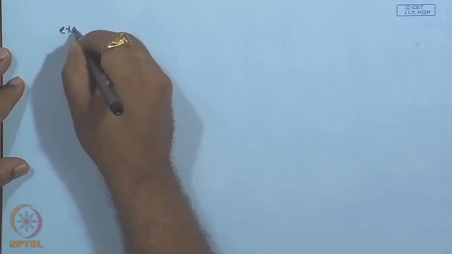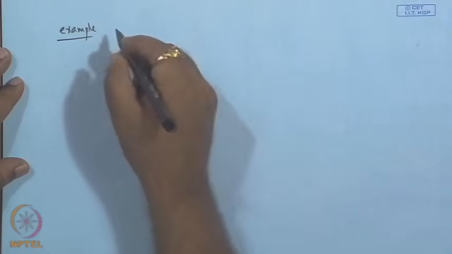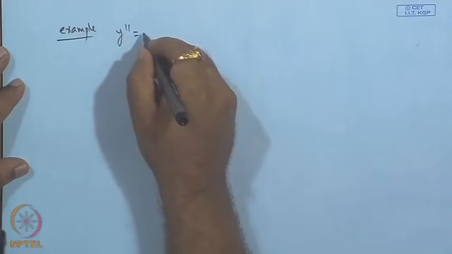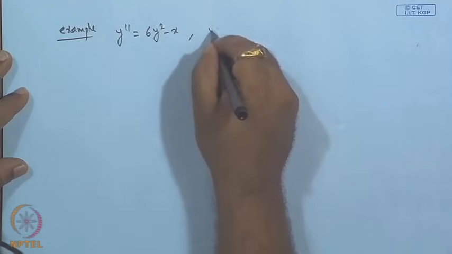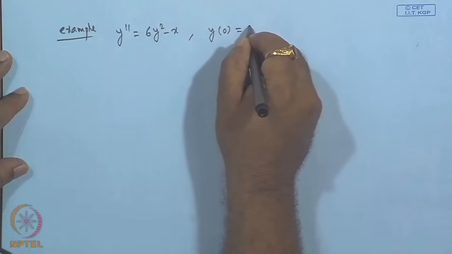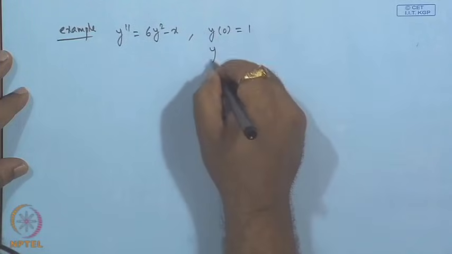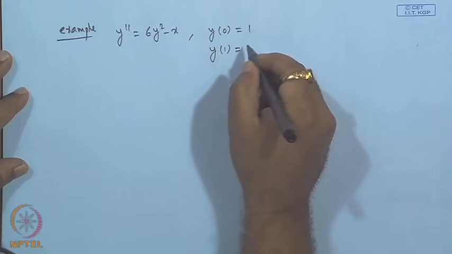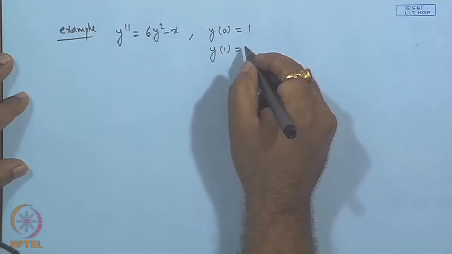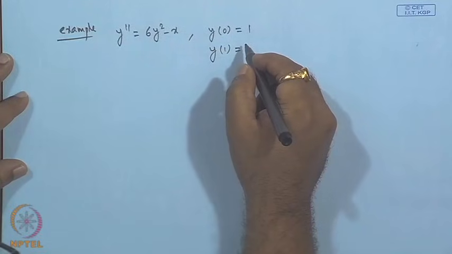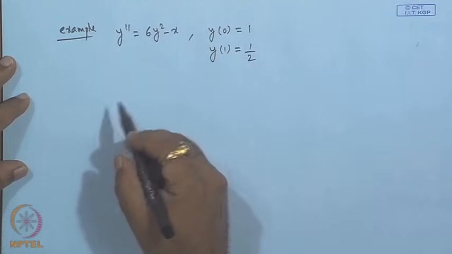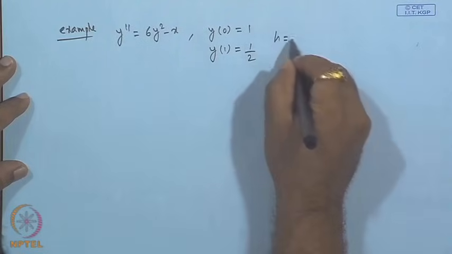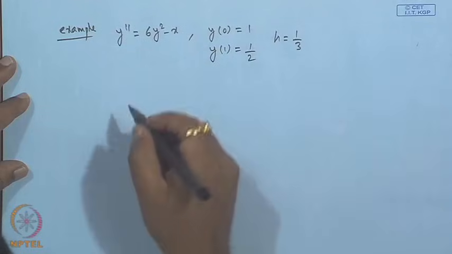Okay. So, for example, suppose this is our example, y of 0 is 1 and y of 1 is, say, half. Then h is 1/3.